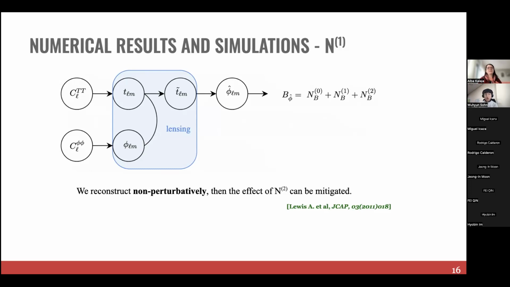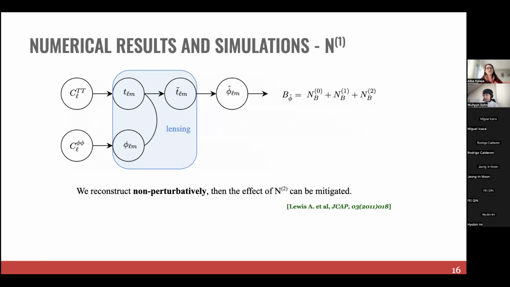And after this, you proceed in the same way. You reconstruct the quadratic estimator, your lensing potential, and you use the bin bispectrum to compute the bispectrum. And in this case, you have three different terms that arise from this computation. Again, here we are talking about Gaussian realizations, so we don't have any bispectrum effect in it.